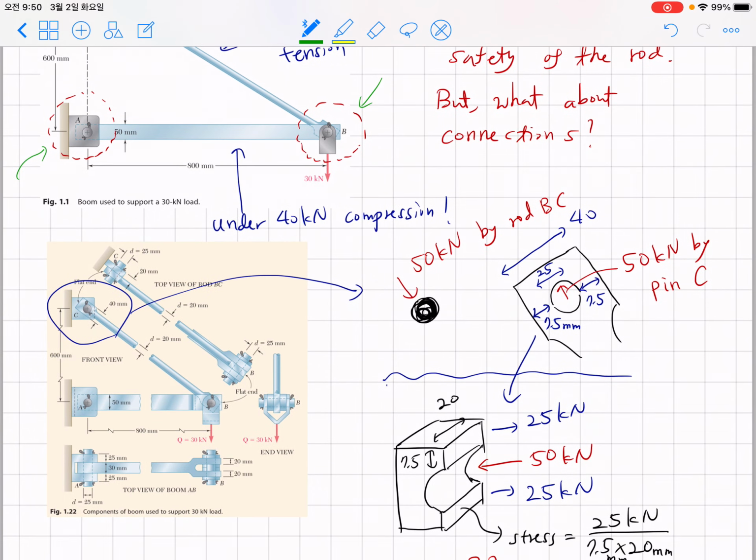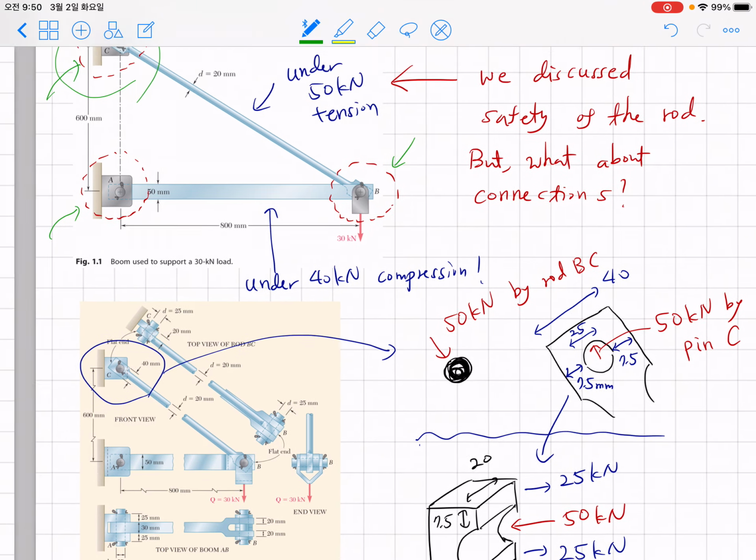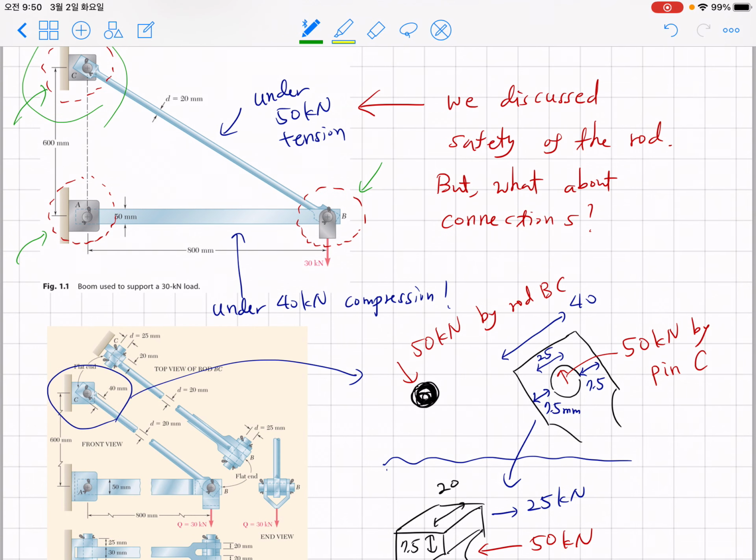If you recall the previous problem, rod BC was under tension, 50 kilonewton. The statement that rod BC is under 50 kilonewton tension implies that pin C applies 50 kilonewton load to the end of this rod BC, right?